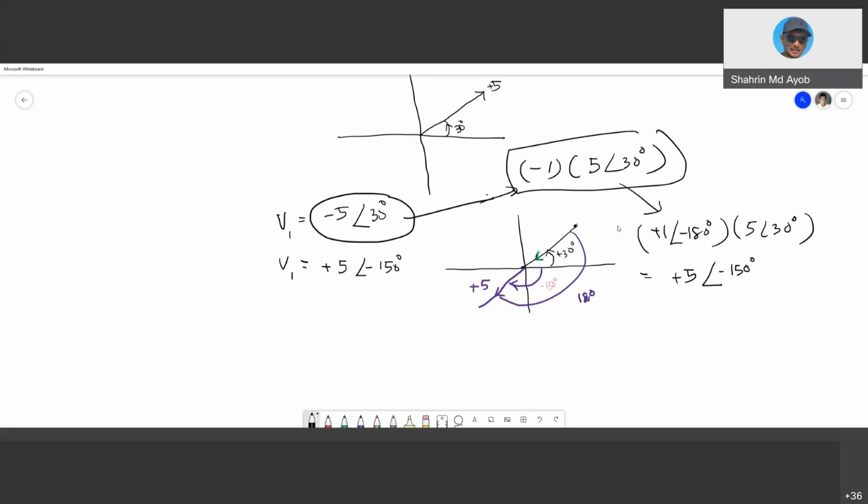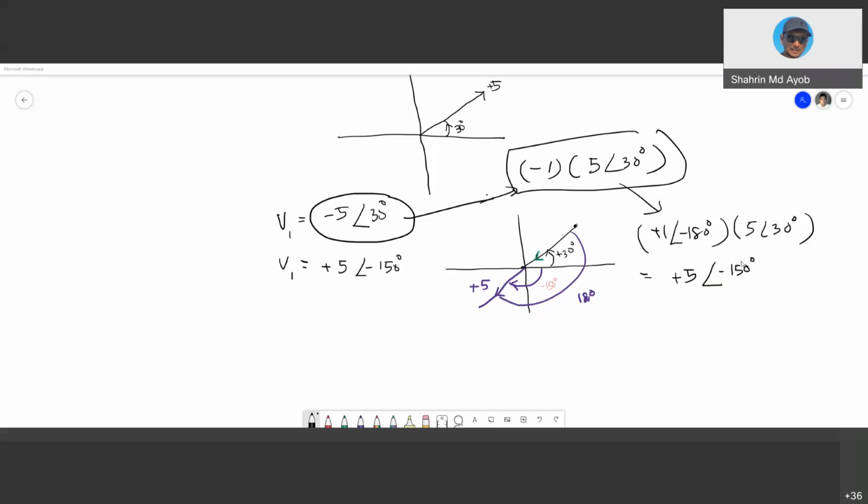Is that acceptable? Yes, acceptable. You mean 5 with an angle of 30? Doctor, I think the meaning is that for this question the answer can be 210 degrees.